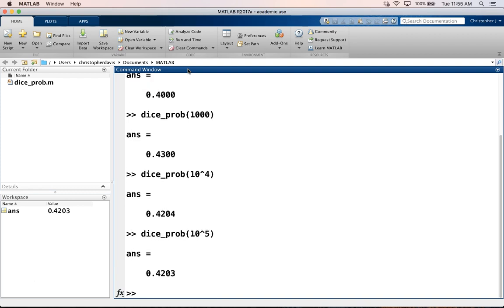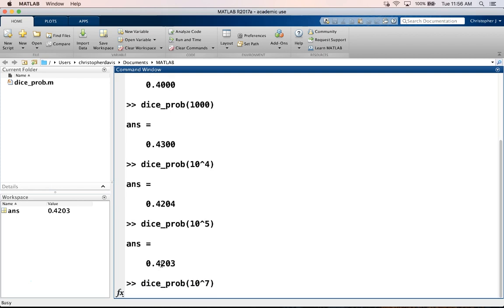100,000, and sometimes in the homework I'll say keep trying bigger and bigger numbers of experiments until you get the same answer to 2 decimal digits. So in this case I got the same answer to 2 decimal digits, so my guess would be 0.42. Also if I'd gotten 0.4199, I'd also count that as being the same. So that's my guess.